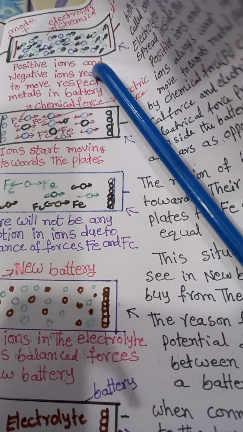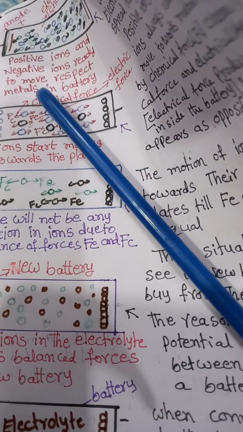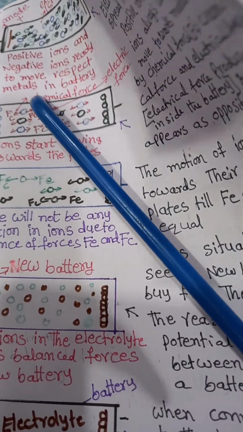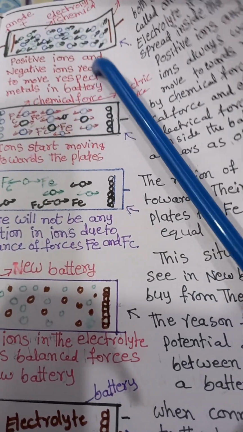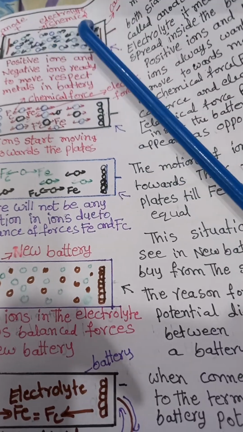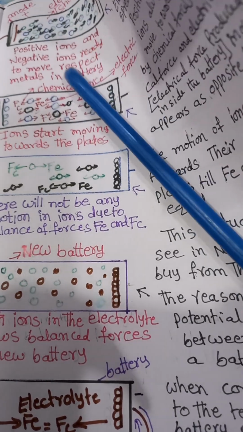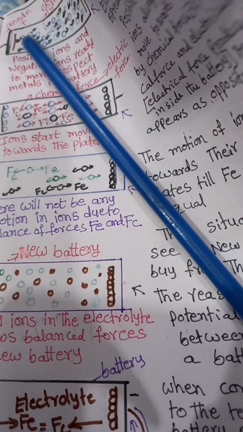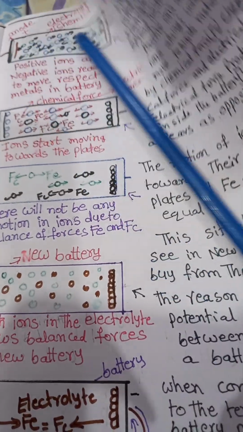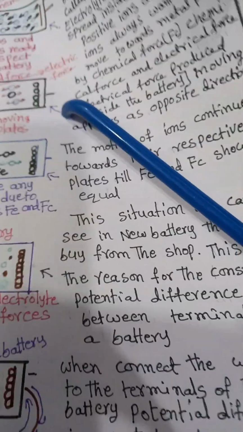Positive ions and negative ions are ready to move towards the metal plates in the battery, by the force of the electrolyte.